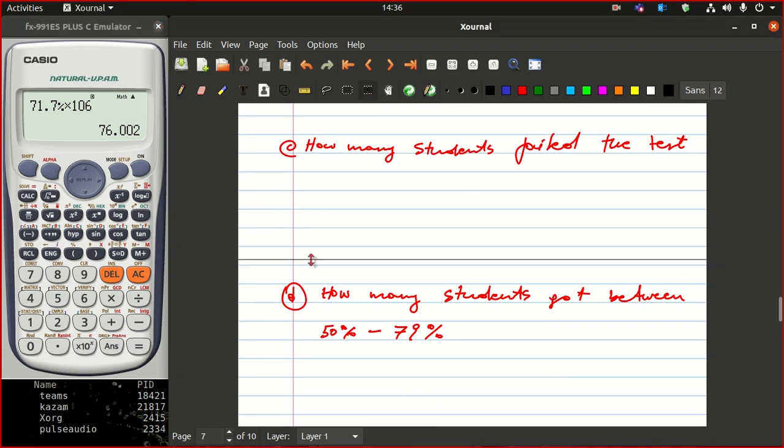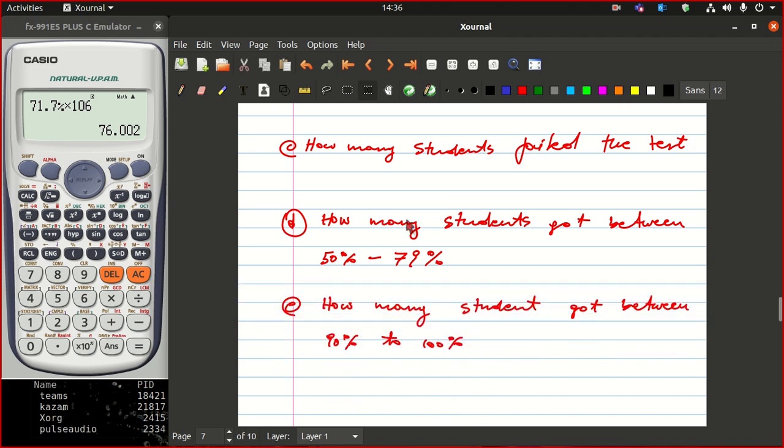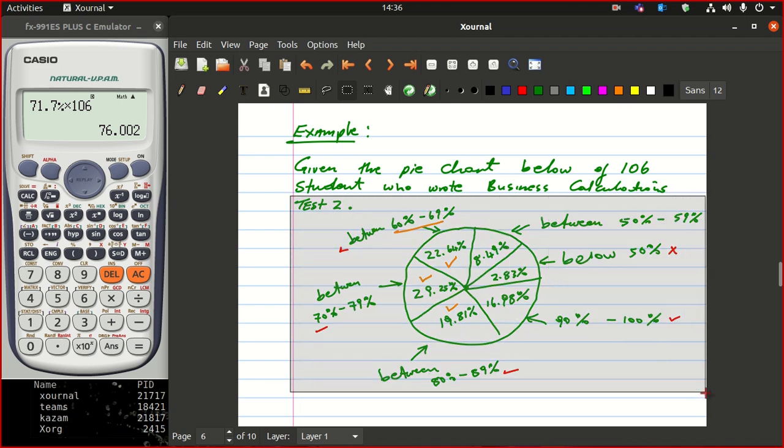Let me make them closer to each other. And I also want to copy this pie chart here so that it is closer to where you are answering your questions.